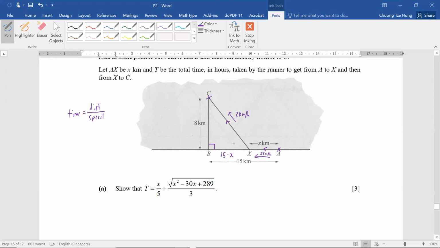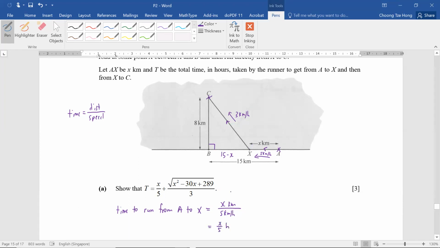So can we first calculate the time it will take to run from A to X? The time to run from A to X will be distance x kilometers divided by the speed, 5 kilometers per hour. That will give us x over 5 hours.